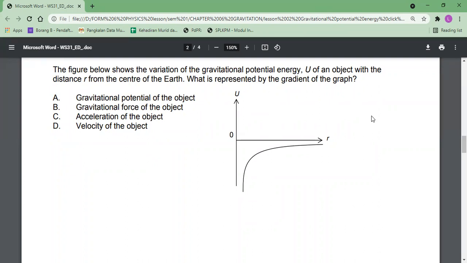Still remember this one: the gradient of the graph represents the force of the object. If we find the area under the graph, this will be the gravitational potential of the object. But the force is the gradient of the graph. Okay, next.